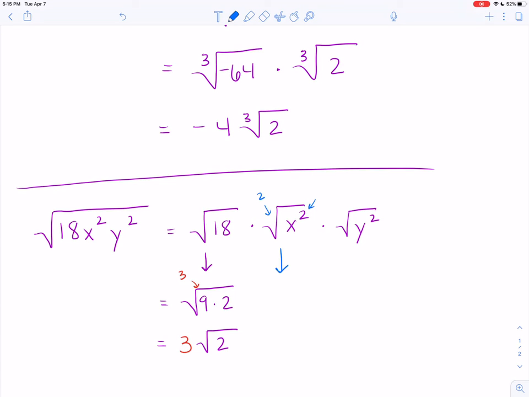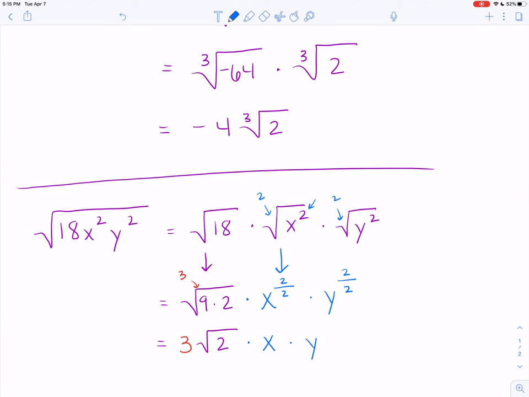So in this case I would take the x squared, but because I want to take the square root, I'm going to divide it by the root of 2. And notice in this case that's going to be x to the first power, which is just going to leave me with x. And the same thing will happen over here. I've got y squared. I'm going to divide that exponent by 2 because this is the second root. That's going to leave me with y to the first power, or just y.